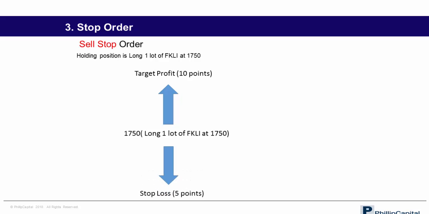So for example, you decided to put a stop loss at 5 points down, you should put a sell stop order at 1,745. This means that when the market reaches 1,745 points or the next best price, your order will be executed, limiting your losses to only 5 points.